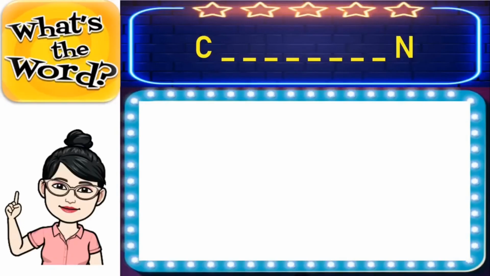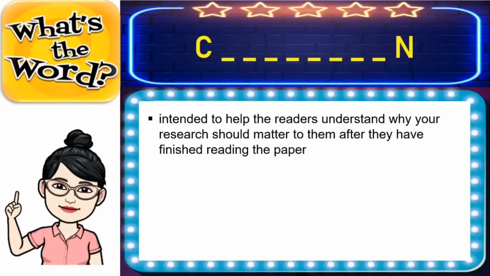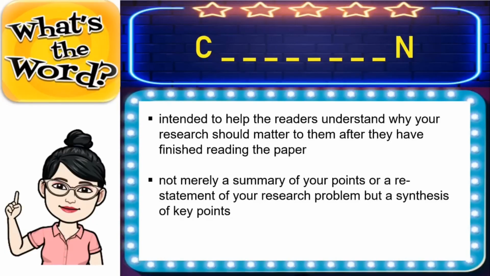Next word. It is intended to help the reader understand why your research should matter to them after they have finished reading the paper. It is not merely a summary of your points or a restatement of your research problem, but a synthesis of key points.